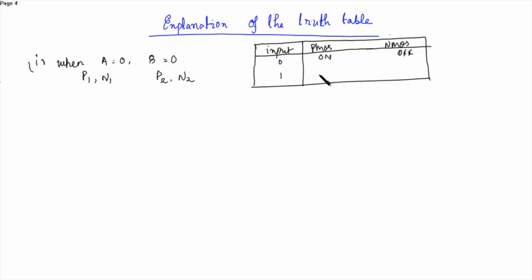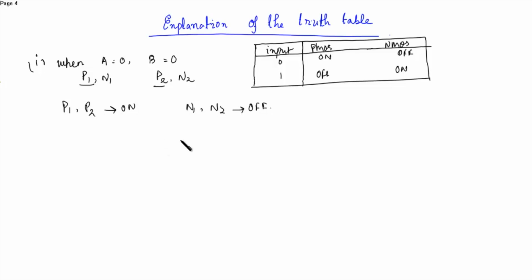When input is 1, PMOS is off and NMOS is on. Here when both are 0, then P1 and P2 will be on. So these are the PMOS. So P1 and P2, they are on, while N1 and N2, they turn off.